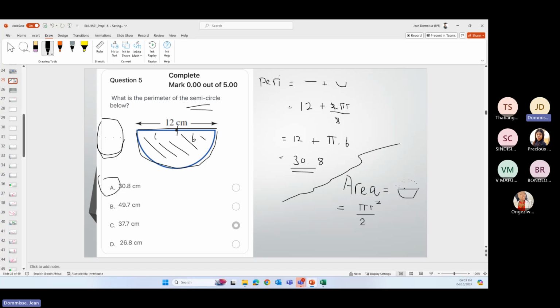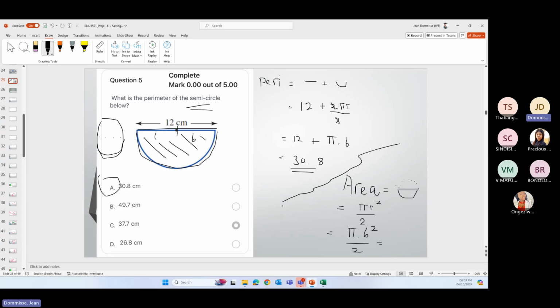So if we take away half of it, we basically divide by 2. Okay, so that would have been the same pi, but 6 to the power of 2 divided by 2.